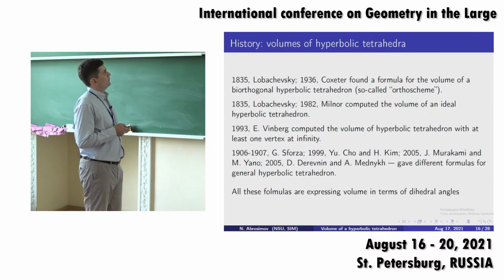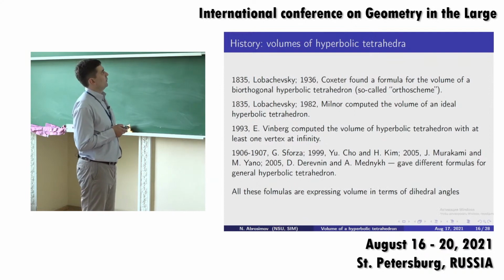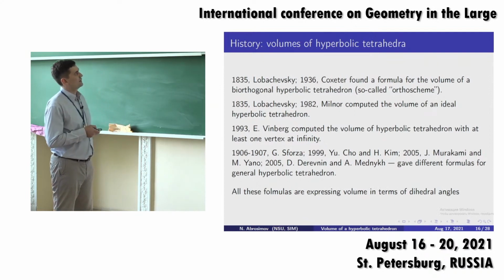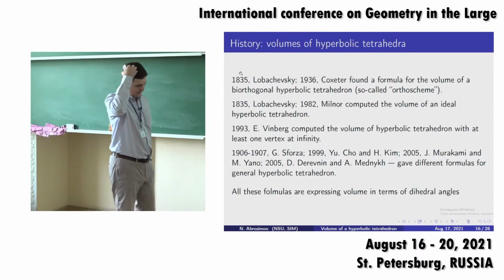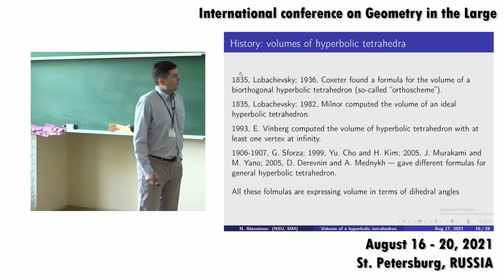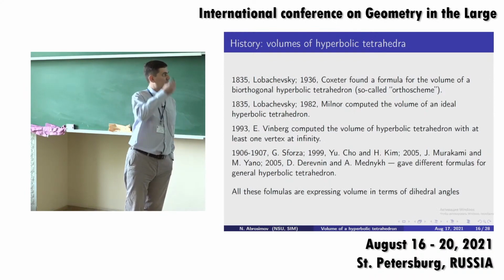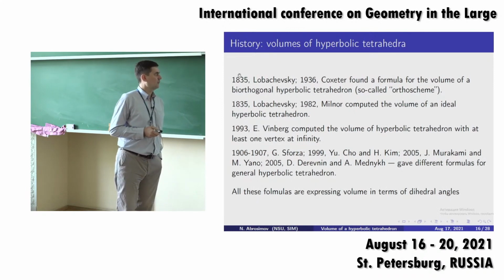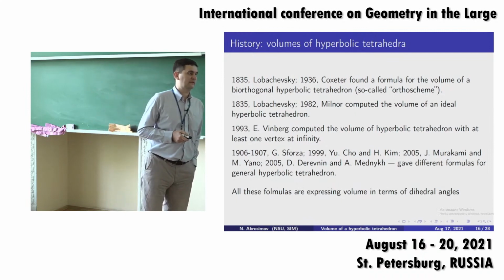Then Vinberg computed the volume of a hyperbolic tetrahedron with at least one vertex at infinity. And the last paragraph here represents 4 different formulas for the general case, for an arbitrary hyperbolic tetrahedron. But all these formulas express its volume in terms of dihedral angles.